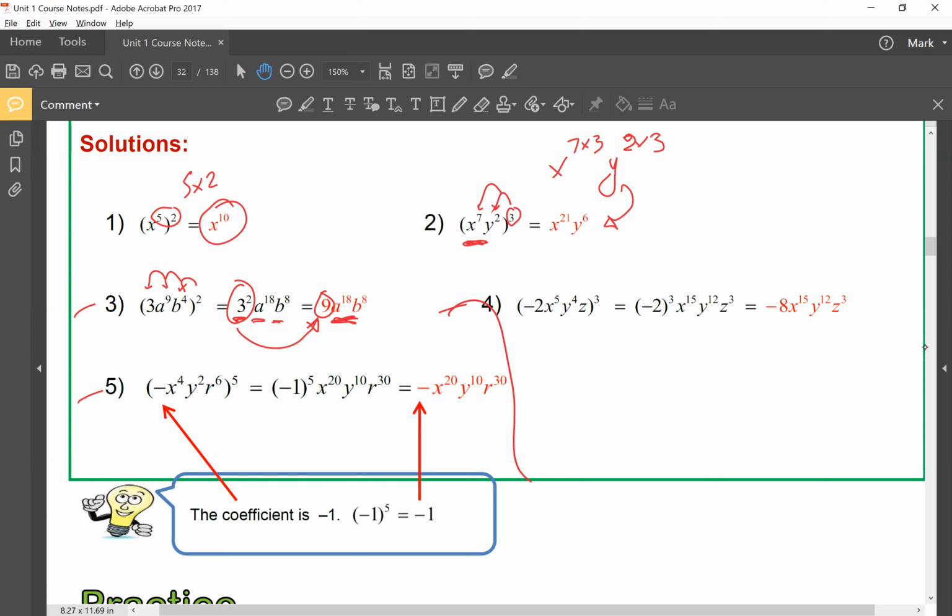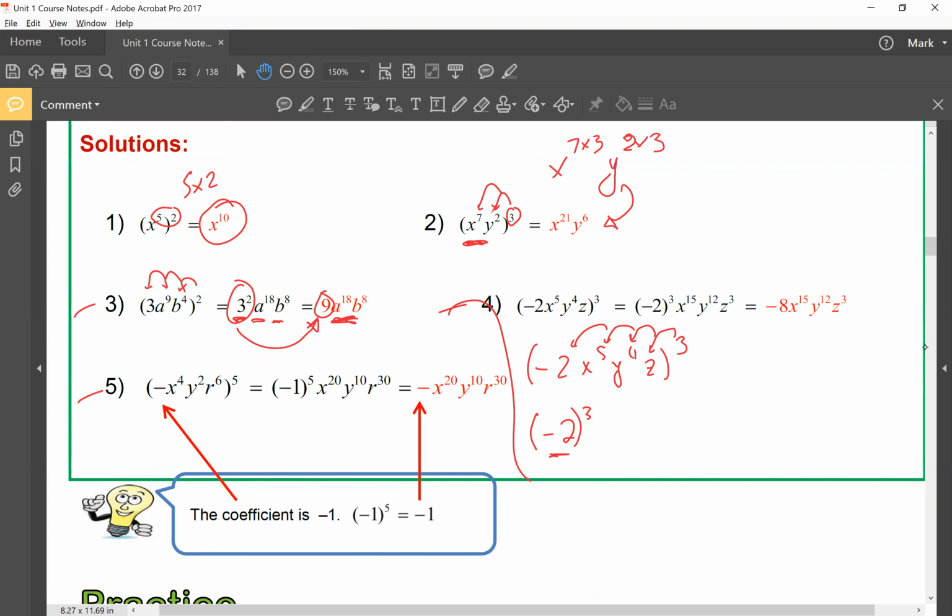All right, let's look at number 4. So -2, I'm going to write out number 4: x to the 5, y to the 4 times z to the power of 3. You're going to bring this 3 in for everything. So this becomes -2 cubed.